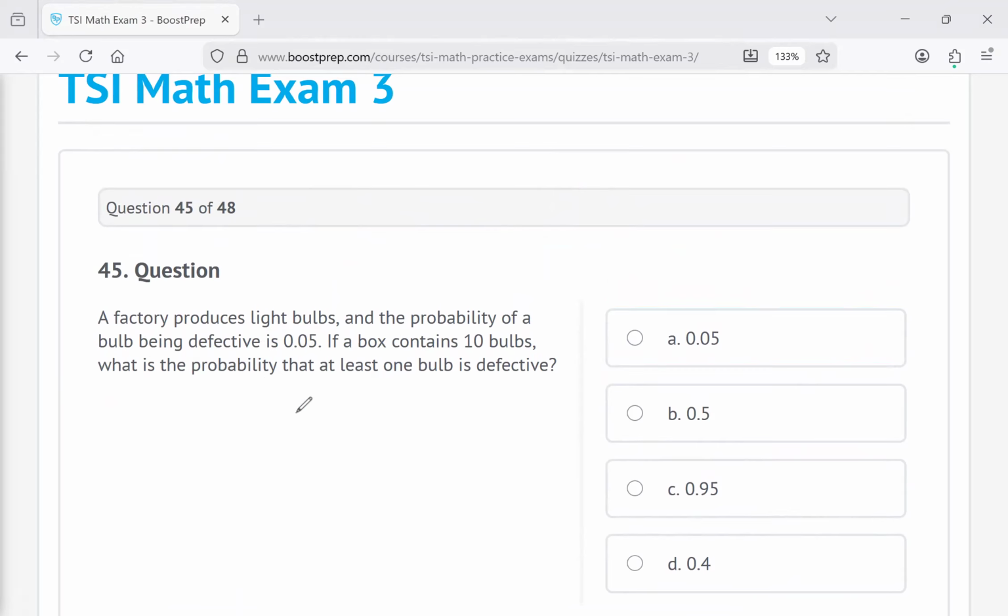So it's basically 1 minus 0.95 raised to the 10th, since a box contains 10 bulbs. Or you could put that exactly in the calculator: 1 minus 0.05.